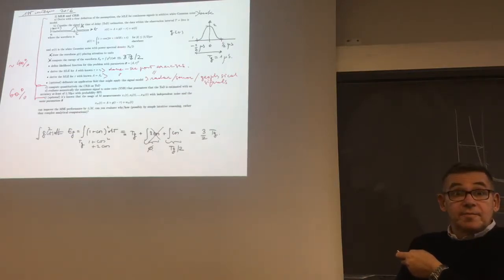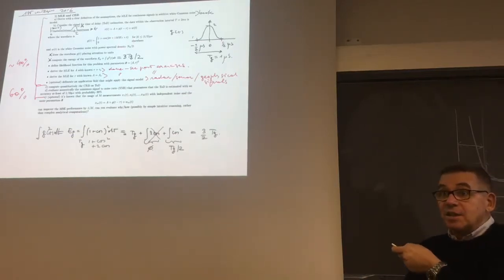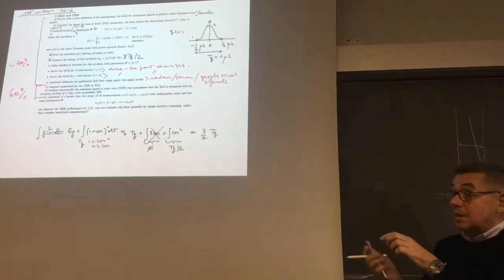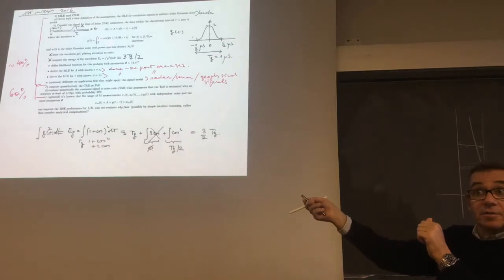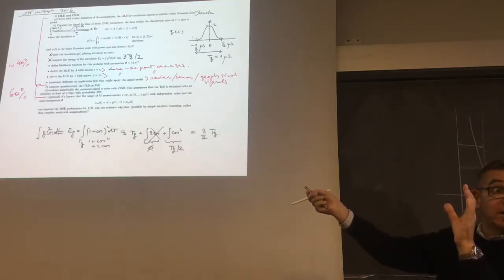Remember, it's the derivative with respect to time of the cosine, so it is sine of the argument multiplied by 2 pi times 1 megahertz. You follow me?